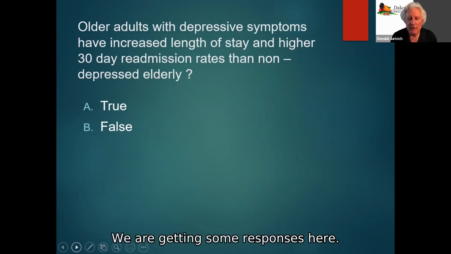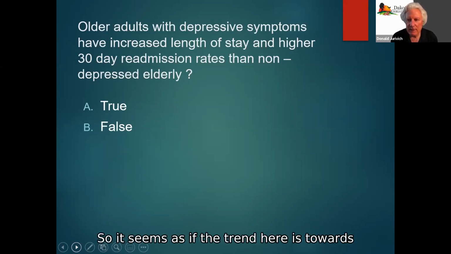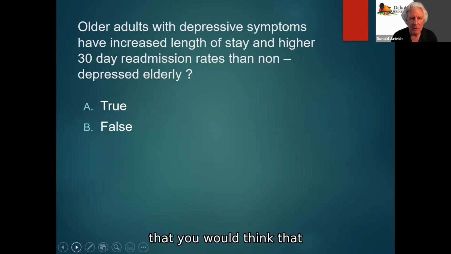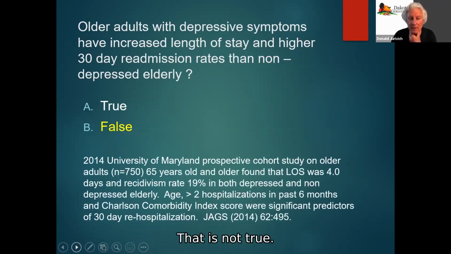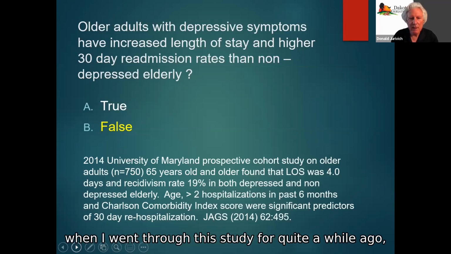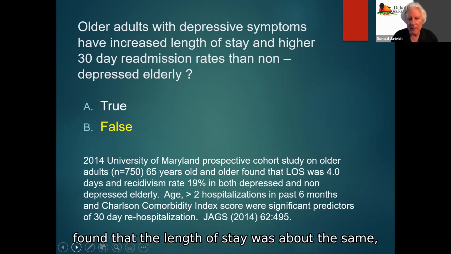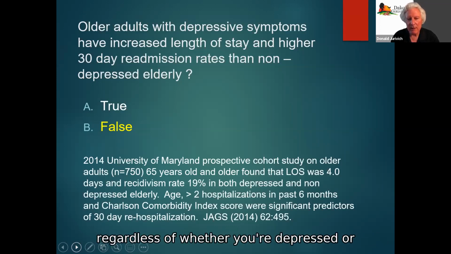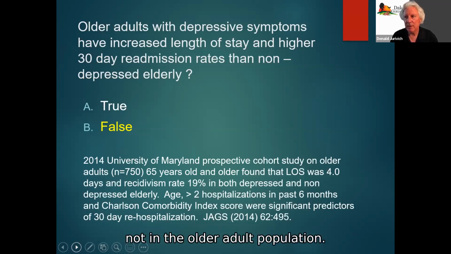So we are getting some responses here. So it seems as if the trend here is that you would think that depressed patients have longer hospital length of stay. And it turns out, the next slide, that is not true. So kind of surprising to me too when I went through this. A study quite a while ago found that the length of stay was about the same regardless of whether you're depressed or not in the older adult population.